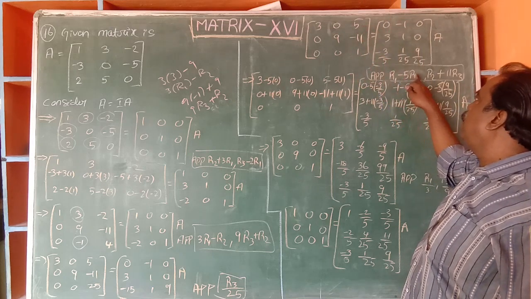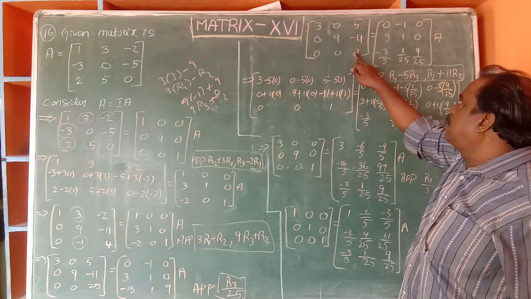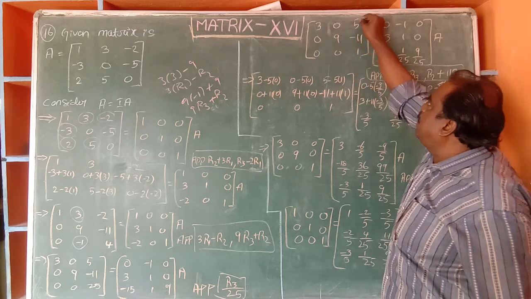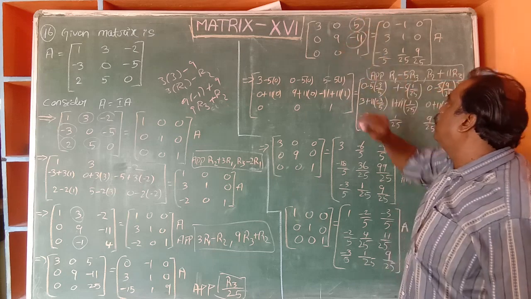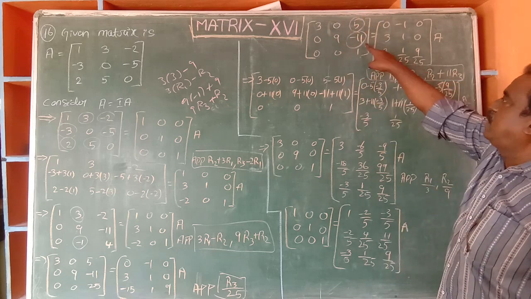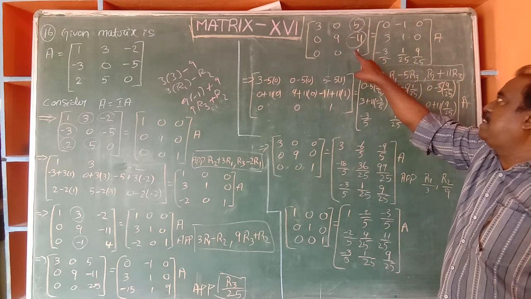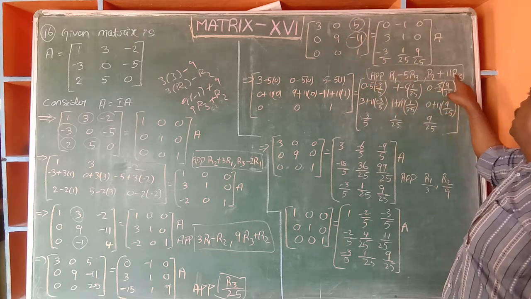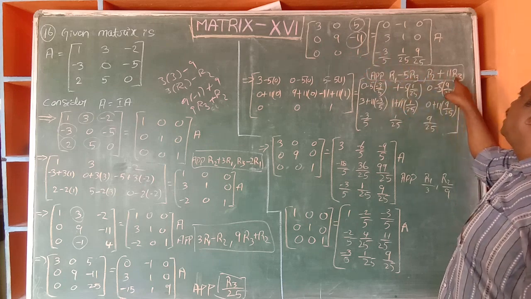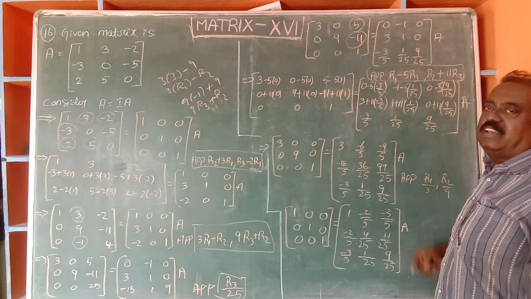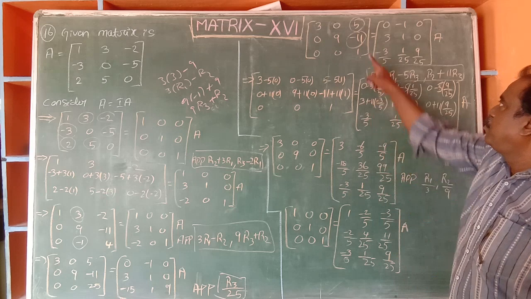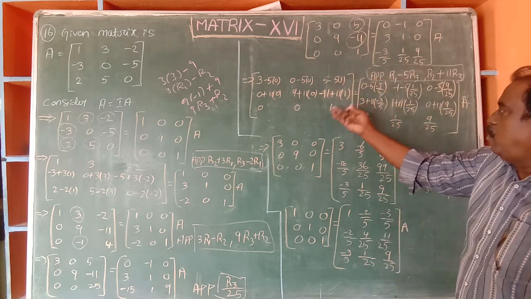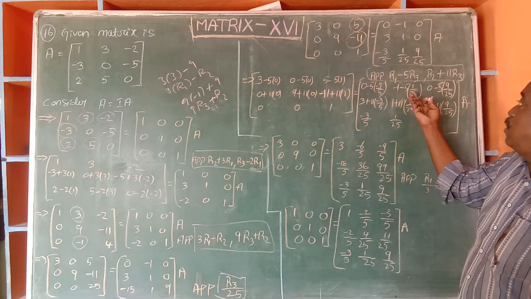R1 minus 5 into R3. 5 minus 5 into 1. So this one. Okay na? In order to get here 0, here also 0. You see R2, that means minus 11 plus 11 into 1. Plus 11 into 1 means R3 here. Here minus 11 R2 means. So we get here by simplification, you go through it.